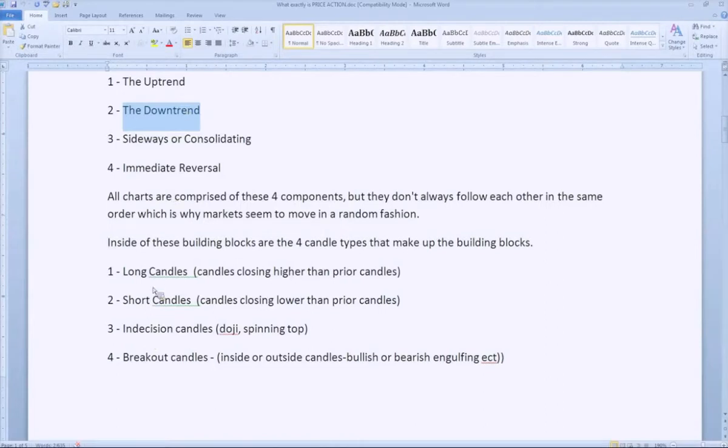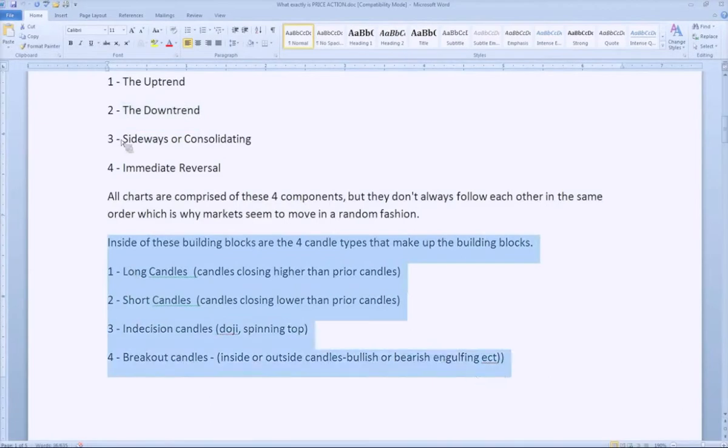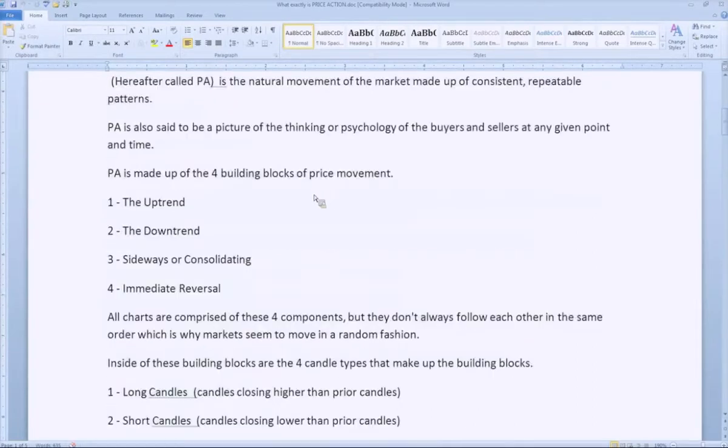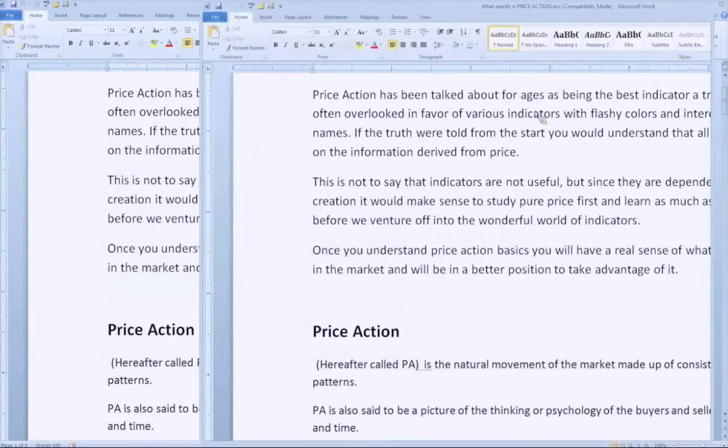So inside each of these, you have these candles doing their thing. Inside the downtrend, we have long candles, short candles, indecision candles, and breakout candles. And we're going to go into how they all work together and what they all do.